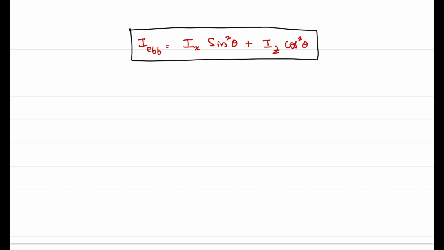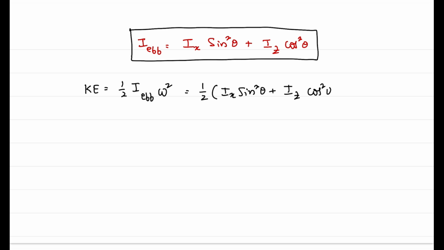Now, once I effective is there, the kinetic energy is equal to half into I effective into omega square. That is half into (Ix sin square theta plus Iz cos square theta) into omega square.